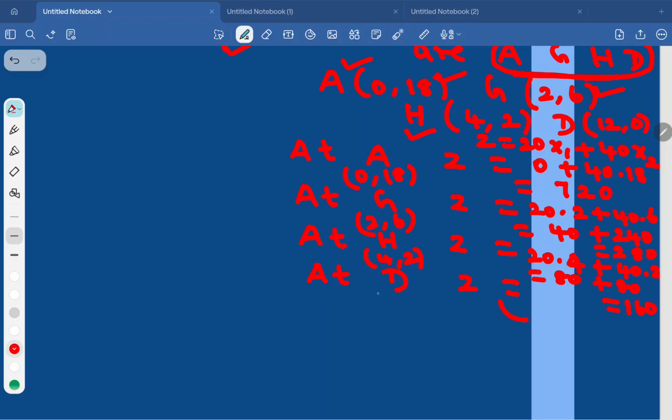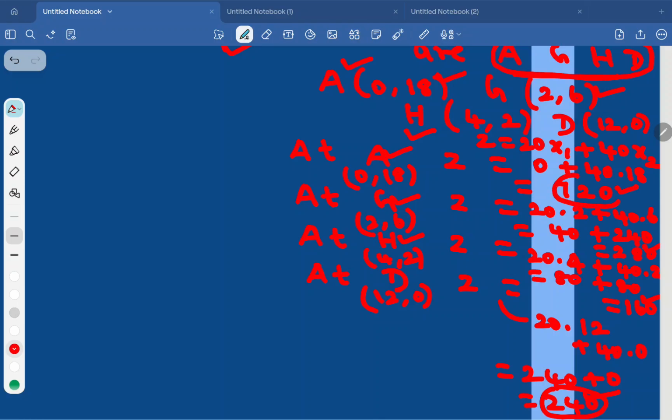At D (12, 0): x1 is 12, x2 is 0, 20 into 12 plus 40 into 0, 240 plus 0, 240. At D, the Z value is 240. At H, the Z value is 160. At G, the Z value is 280. At A, the Z value is 720.